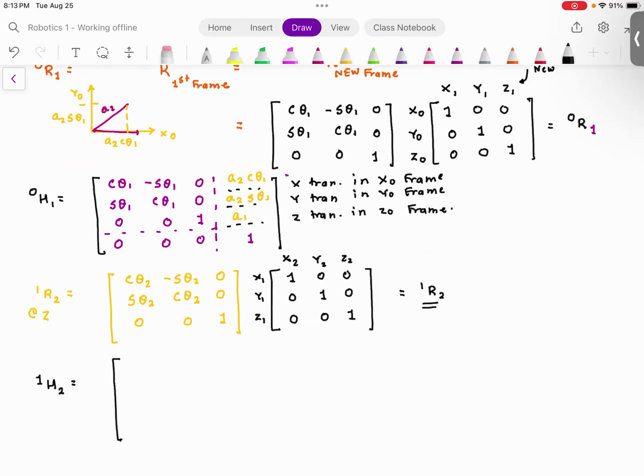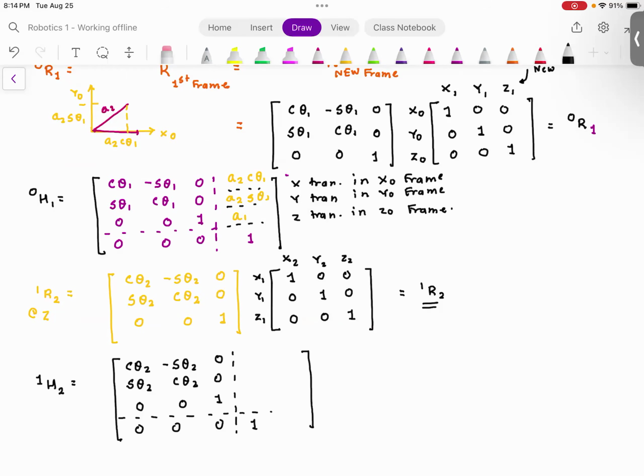So I will write this rotation matrix, cosine theta 2, minus sine theta 2, 0, sine theta 2, cosine theta 2, 0, 0, 0, 1. And then you are going to have 1 here and bunch of zeros here. Now we have to find out the relative translation.